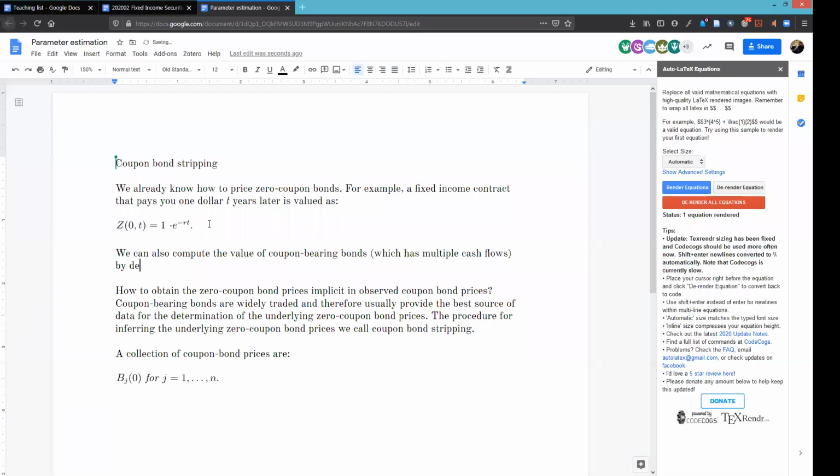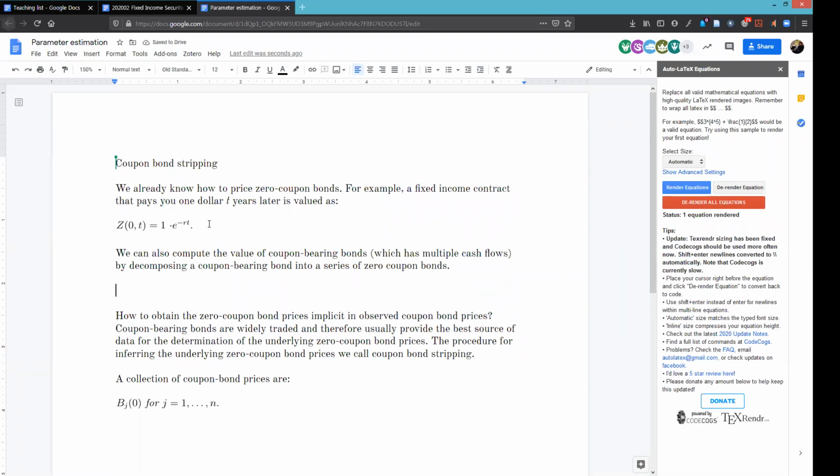By decomposing the coupon bearing bond into a series of zero coupon bonds, right?